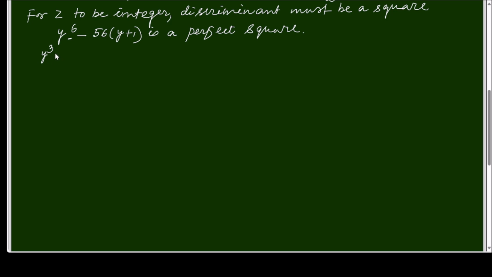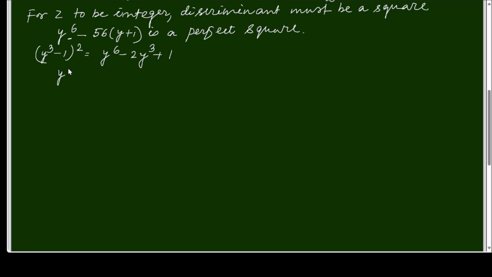So I'll compare with (y^3 - 1) whole squared to get a similar expression. How much is it? It is y^6 - 2y^3 + 1. That means this is the minimum value.